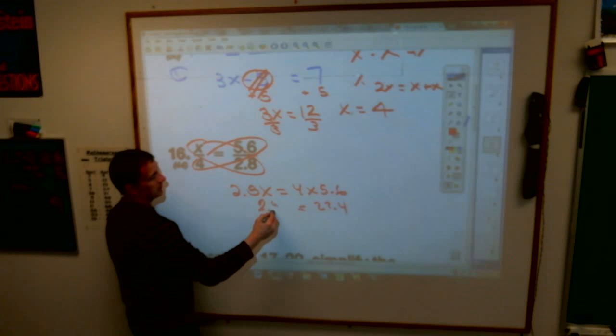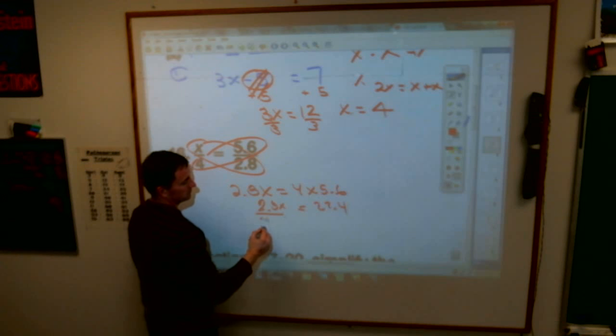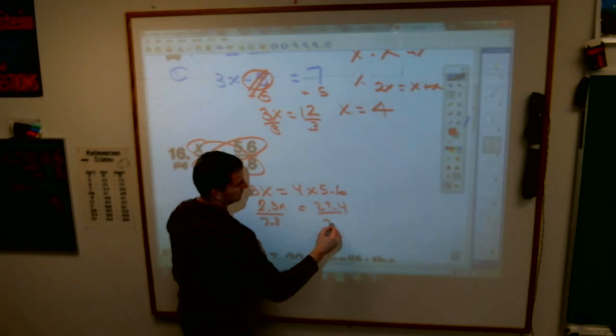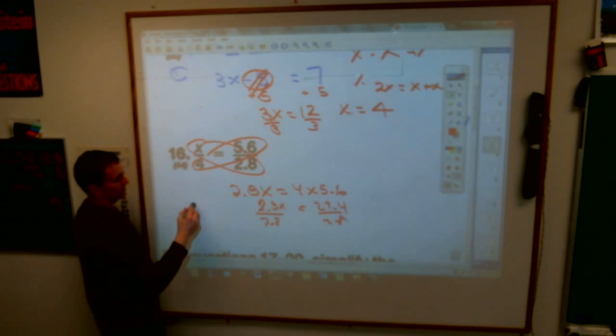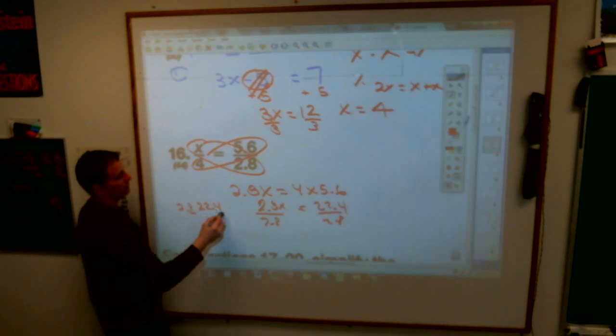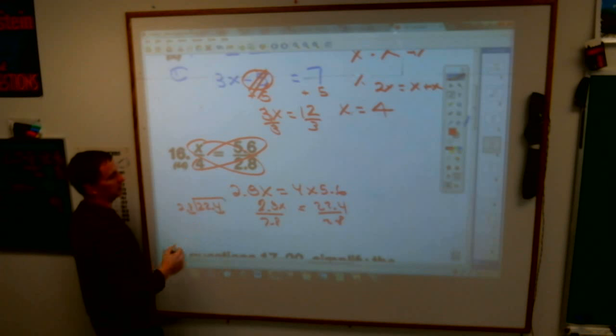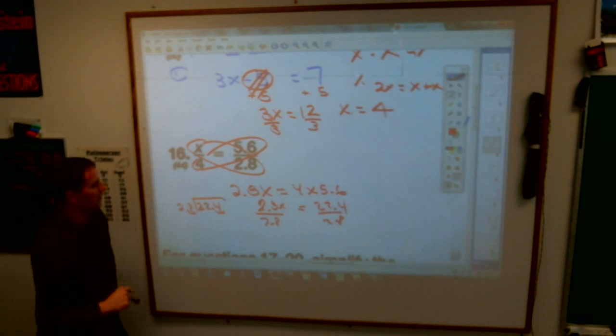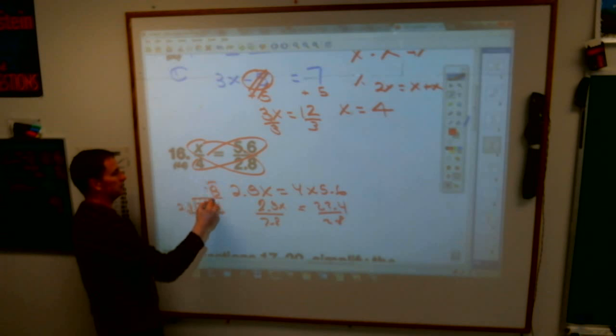And then you just divide by 2.8. 22.4 divided by 2.8. Move the decimal out. How many times does 28 go into that? 8 times.